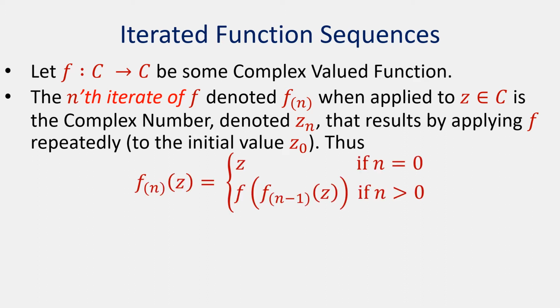So what do I mean by that? If we haven't started yet, if n equals 0, that's just the value of the input parameter. If we've already started, then it's the value of the function applied to the last value that was generated.